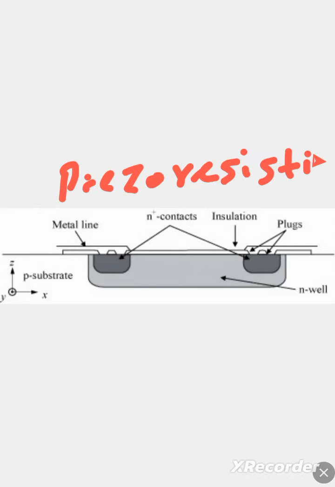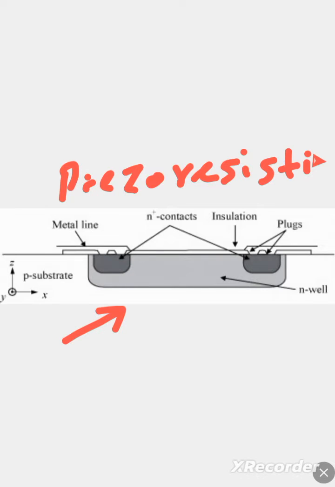Now, as you can see in this picture is a typical process to manufacture or fabricate a resistor using a semiconductor material. So usually you have a p-type substrate or n-type substrate in which you can form an n-type well or p-type well.